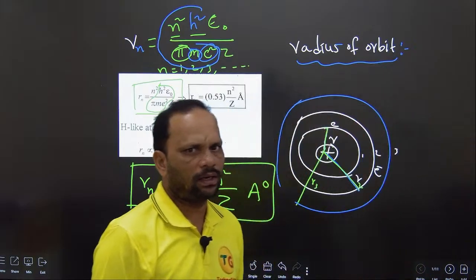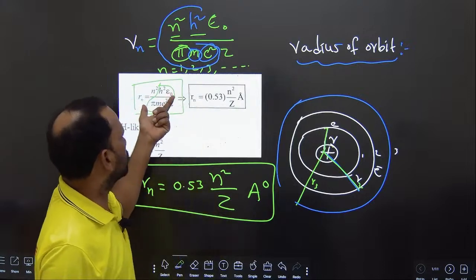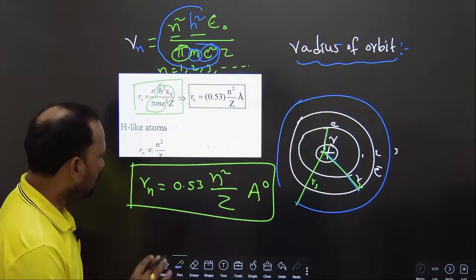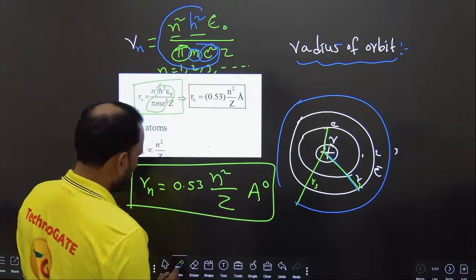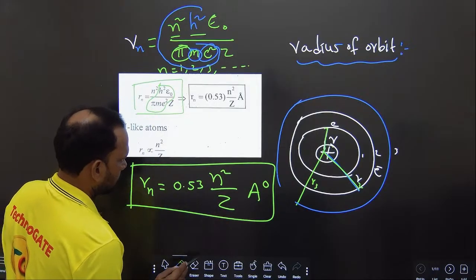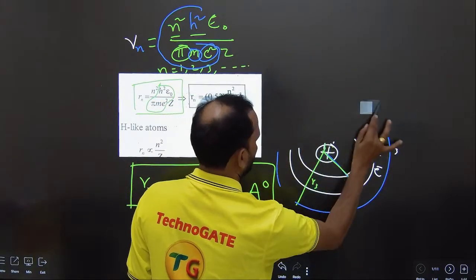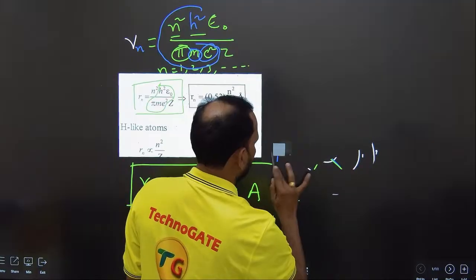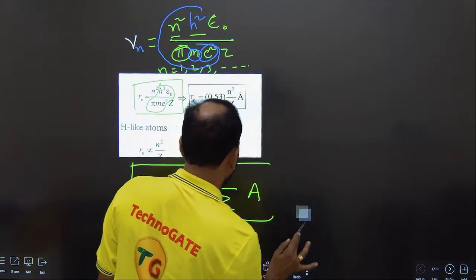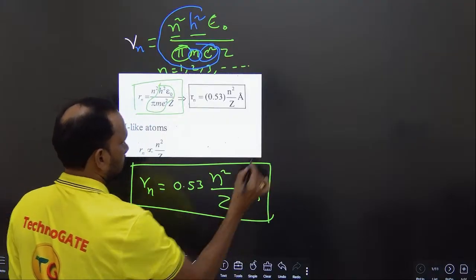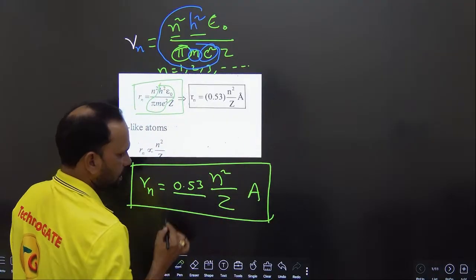The basic formula is Rn is equal to n square h square epsilon naught by pi m e square z. Here we observe that 0.53 is a constant.